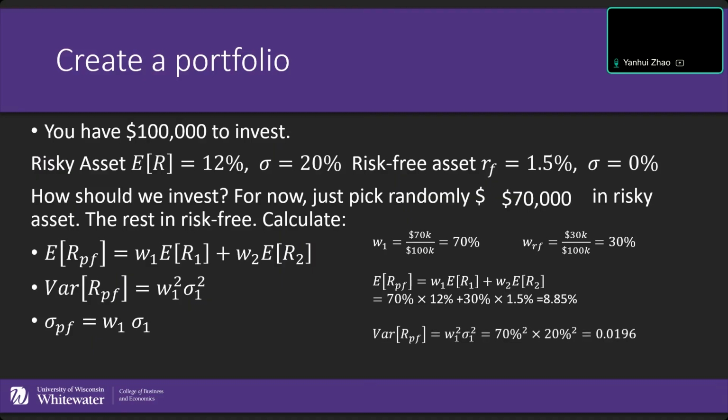The variance will be 70% squared. That is 0.49, right? 0.7 multiplied by 0.7 is 0.49, times 0.004. So it's 0.00196. And then the portfolio's standard deviation will be 70% times 20%, which is 14%.